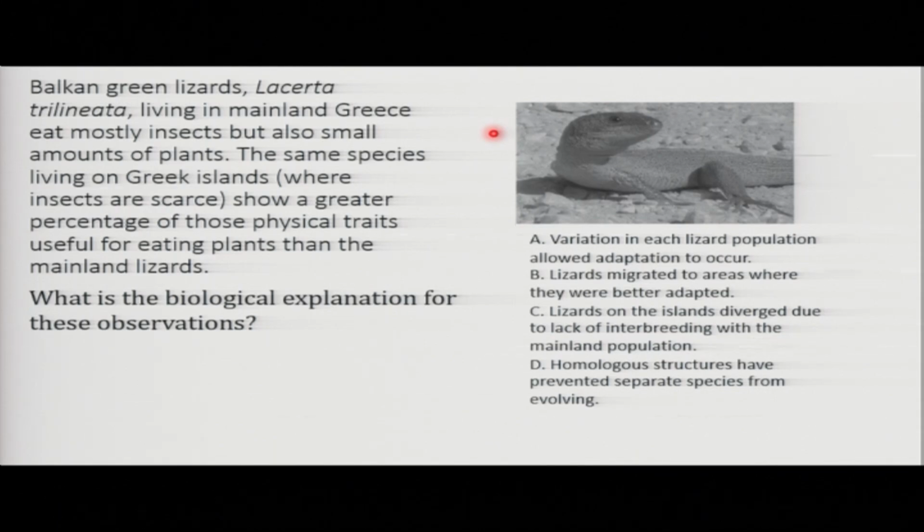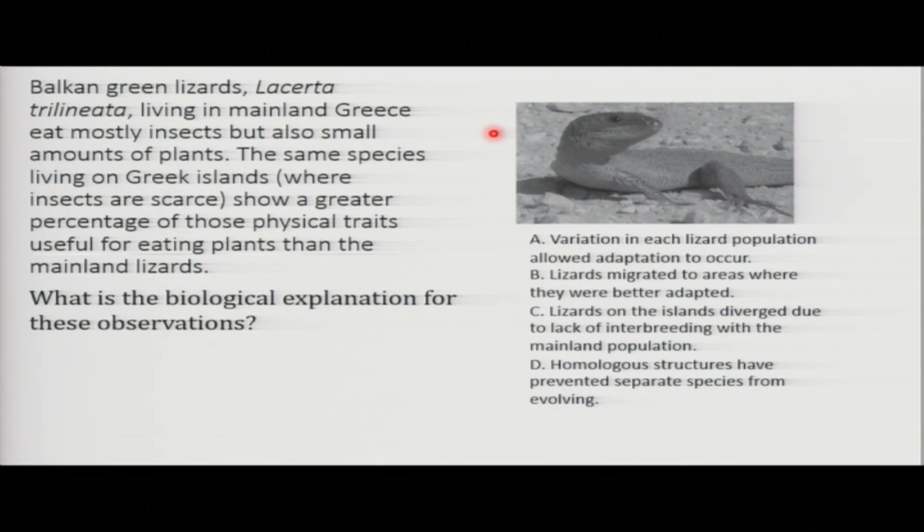Meaning that if you removed the insects, would they adapt to plants? Or vice versa? The same species living on the Greek islands where insects are scarce, oh, wow, show a greater percentage of those physical traits useful for eating plants than mainland lizards that do eat the insects.